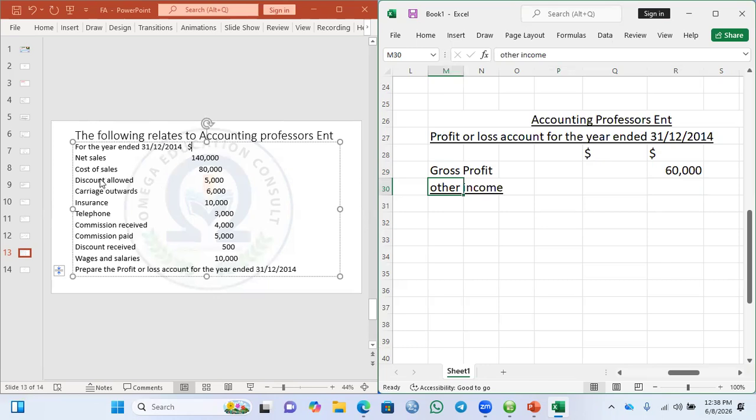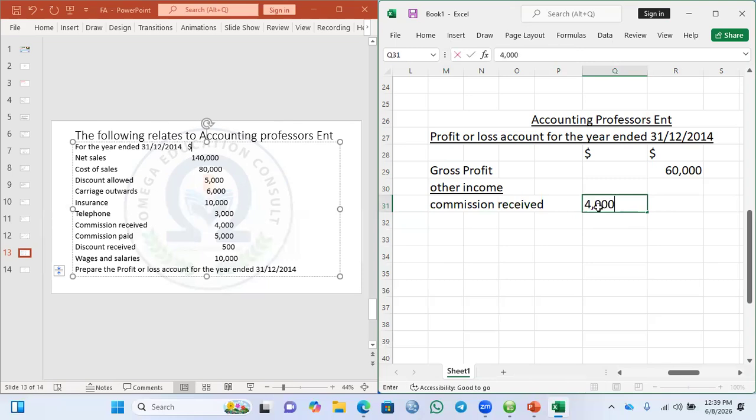You have discount allowed, no. Carriage outsourced, no. Insurance, no. Telephone, no. Commission received, as we saw it, right? If it is only one, you can put it straight here. But if it is two or more, add them at the first column. So commission received is 4,000 here.